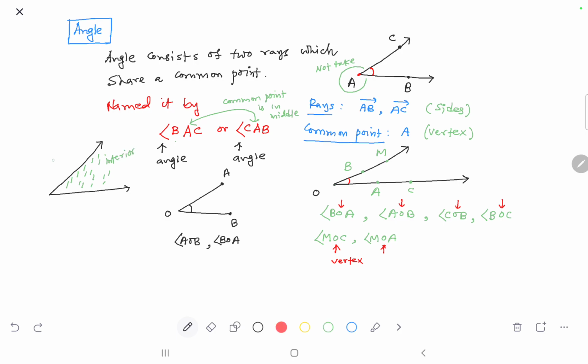And the outside part, with respect to the angle, where you have the angle on the plane, it divides the plane into two parts, interior and exterior. This is called the exterior.